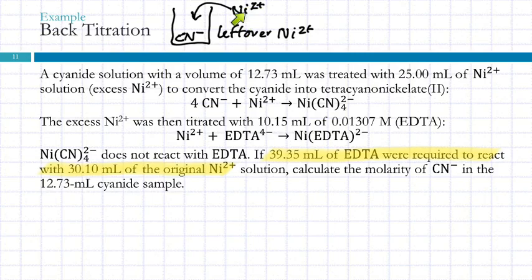We can't figure out how much nickel was added unless we know the concentration. So we've got a couple pieces of information here. I like to use balanced chemical equations to organize information. The way this slide is set up, there's really not enough room to do that. Well, let's just squeeze it in there anyway.